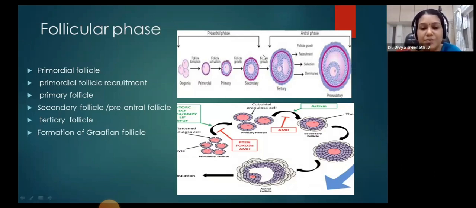During that time, we can also monitor the endometrial thickness, because during follicular growth these follicles secrete estrogen, and this estrogen causes the growth and proliferation of the endometrium inside the uterus. So we can see whether the endometrium grows up to 8 millimeters, so that pregnancy will be easily supported.